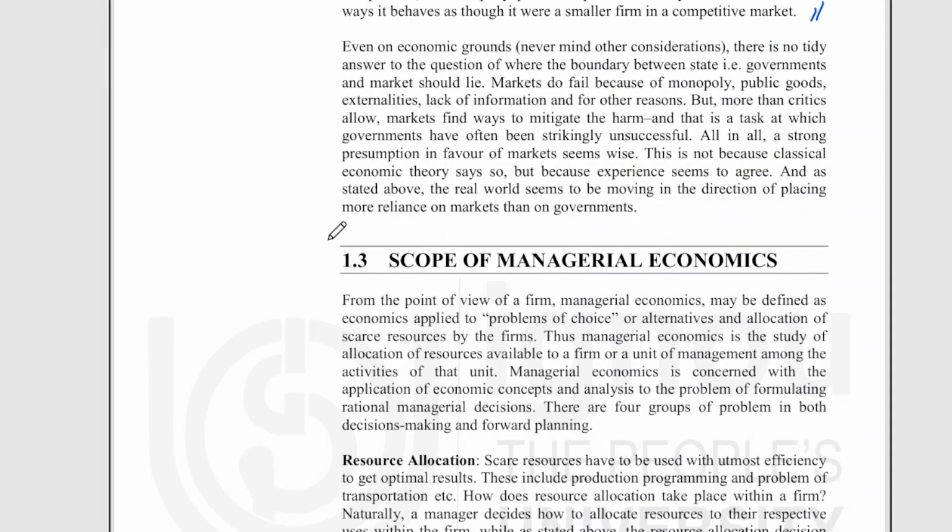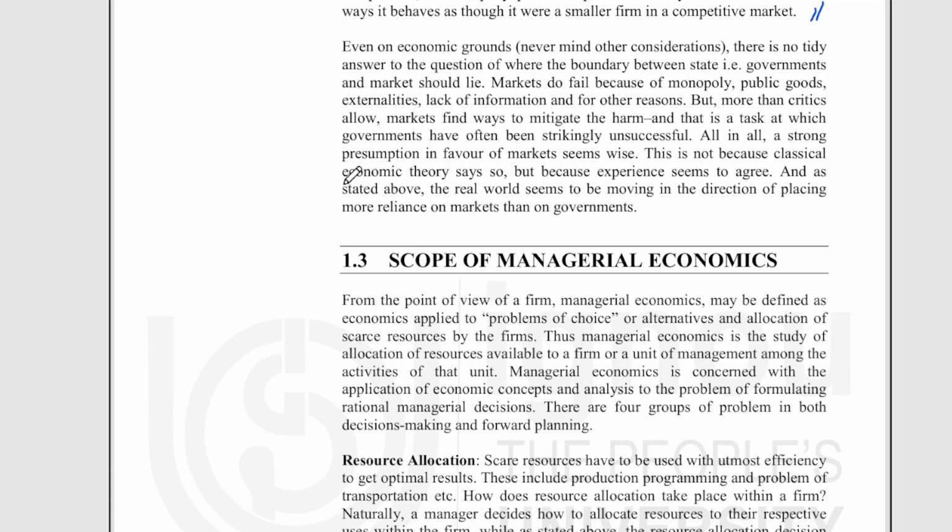And even on economic grounds, never mind other considerations, there is no tidy answer to the question of where the boundary between the state, government and market should be. Markets do fail because of monopoly, public goods, externalities, lack of information, and for other reasons. But more than critics allow, markets find ways to mitigate the harm, and that is a task at which governments have often been strikingly unsuccessful.